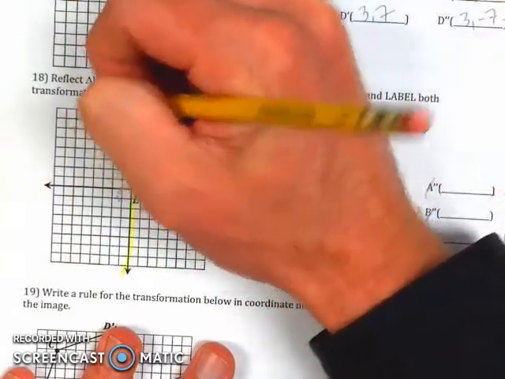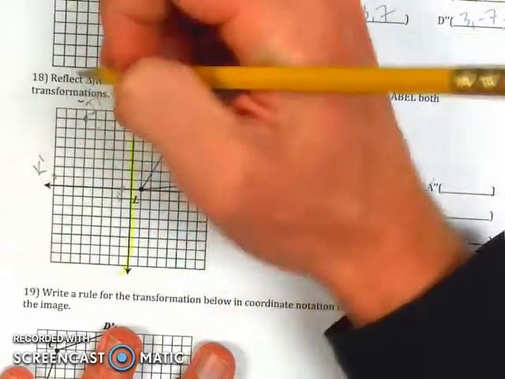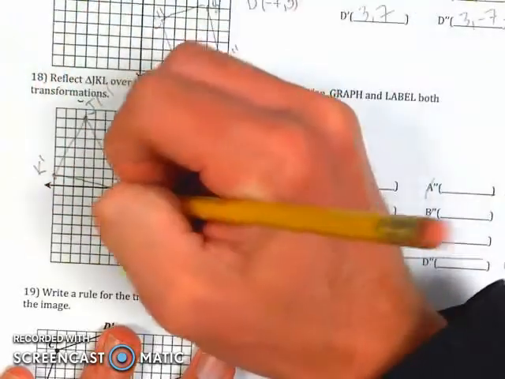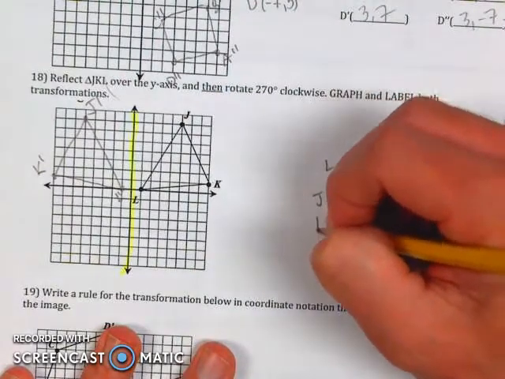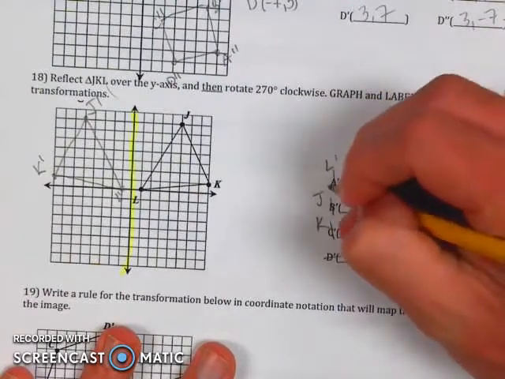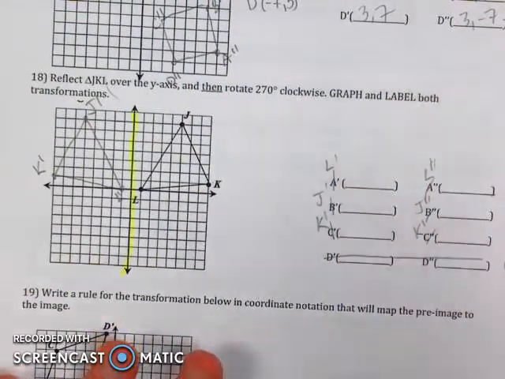There's J prime. And then K is all the way over there. So we're going to go K prime. So there's my shape. And we want to write that. So L prime, J prime, K prime, and then L double prime, J double prime over here, and K double prime.